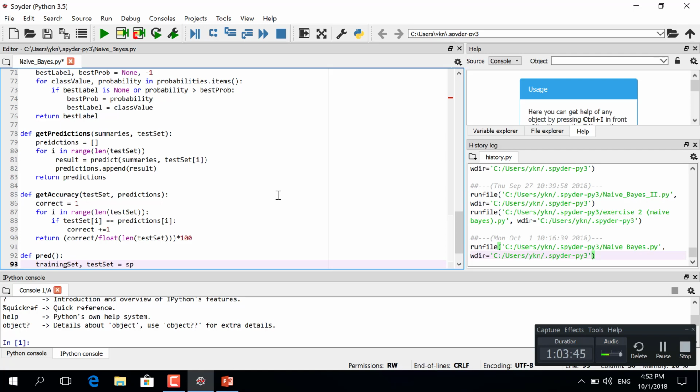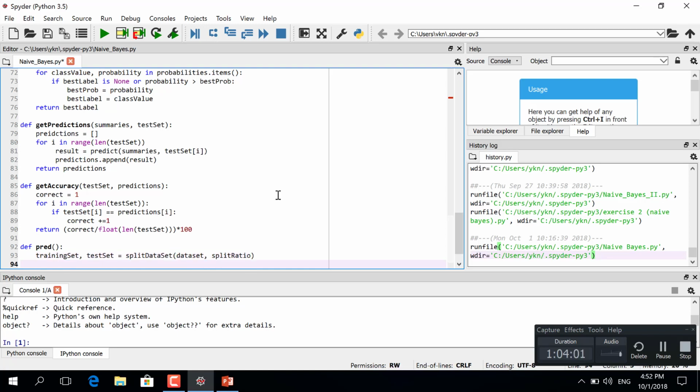It is equal to split data set, taking the variable of data set and split ratio. And we also need summaries: summarize by class, taking data from the training set.